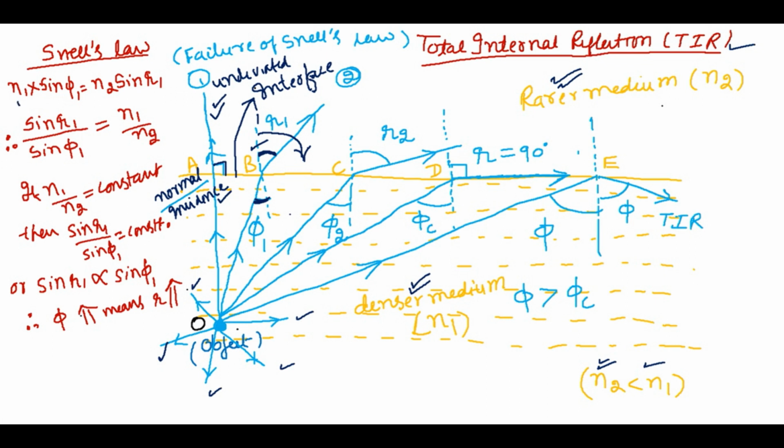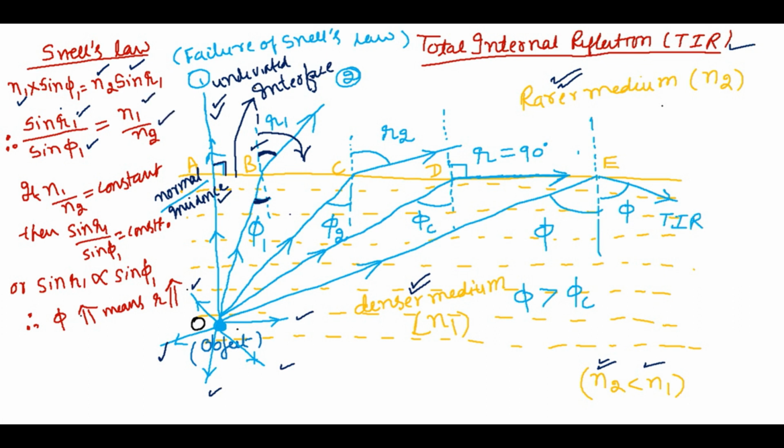it is the refractive index of the first medium multiplied by the sine of the angle of incidence, and it is always equal to the product of the refractive index of the second medium with the sine of the angle of refraction. If you do cross multiplication, you can very easily write it like this: sine r1 upon sine phi 1 equals n1 upon n2.